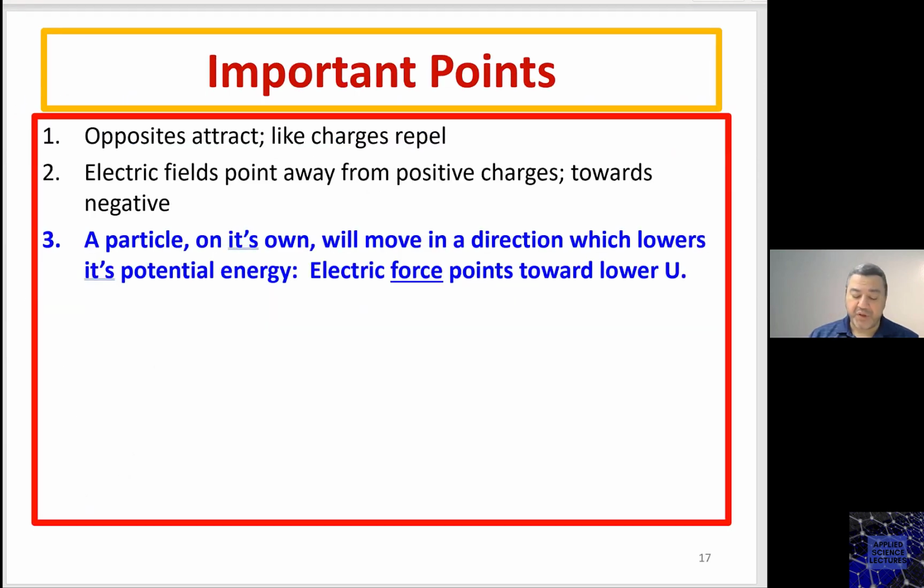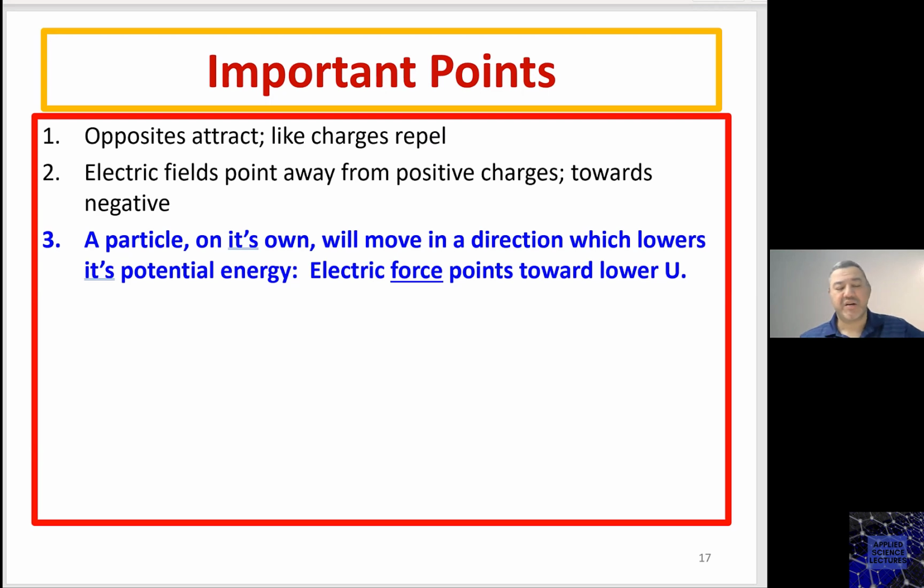So with the points that we have seen earlier when we started this course: opposite charges attract, like charges repel, the electric field points away from positive charge towards negative charge, and if the charge that I'm evaluating the force on is positive, then the force is in the same direction as the electric field.